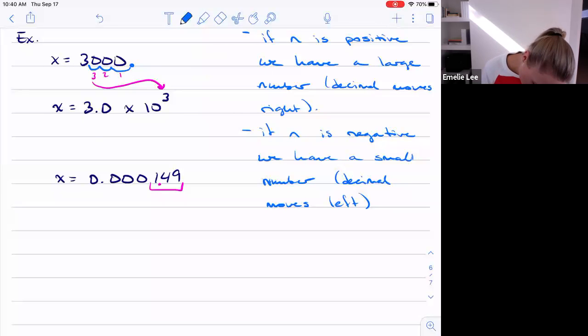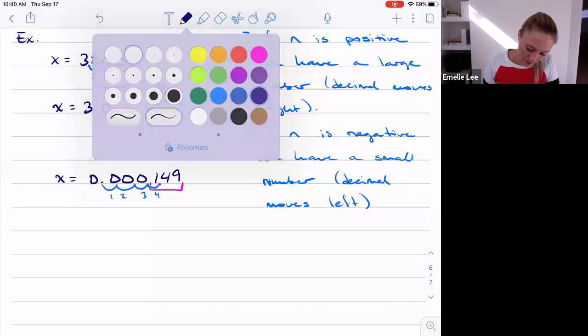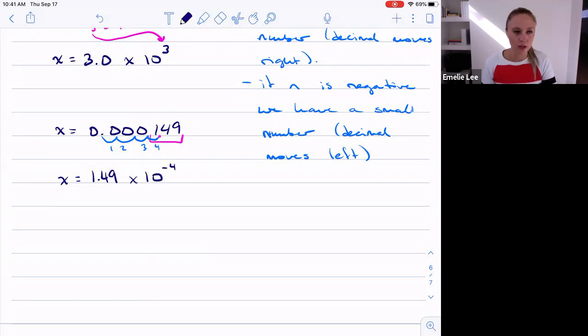So from here, I want to move 1, 2, 3, 4 in the negative direction, in terms of how the decimal moves. So then I have x is 1.49 times 10 to the negative 4. And that's where that comes from.